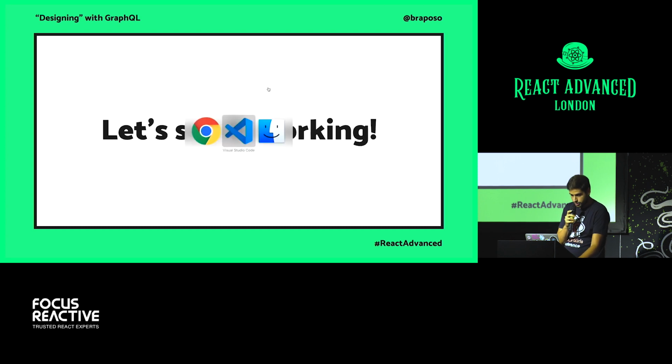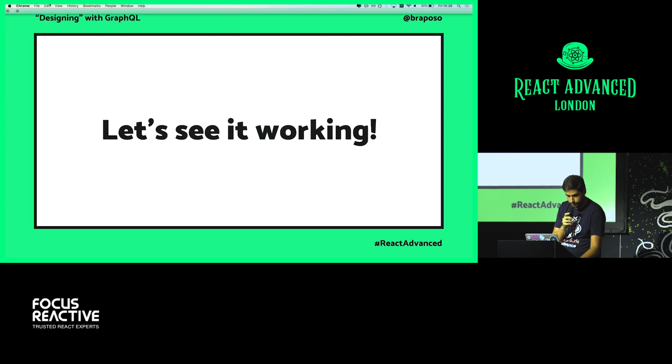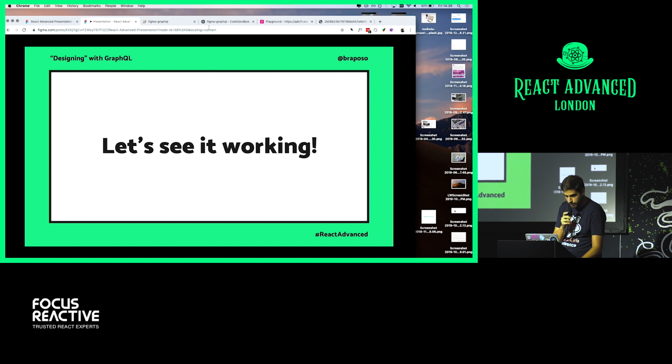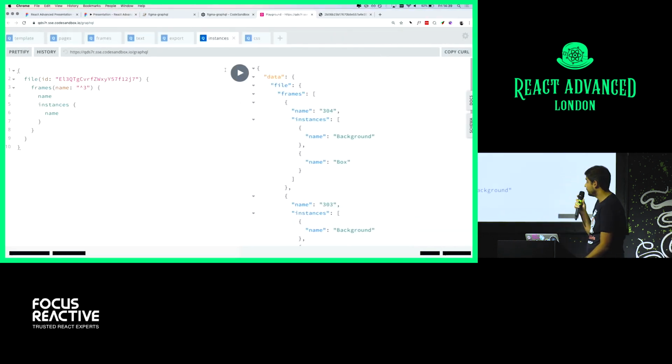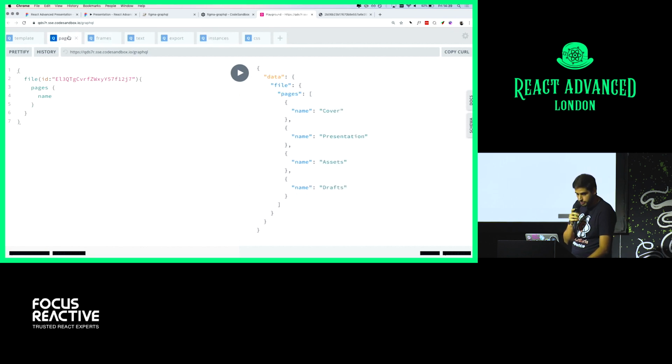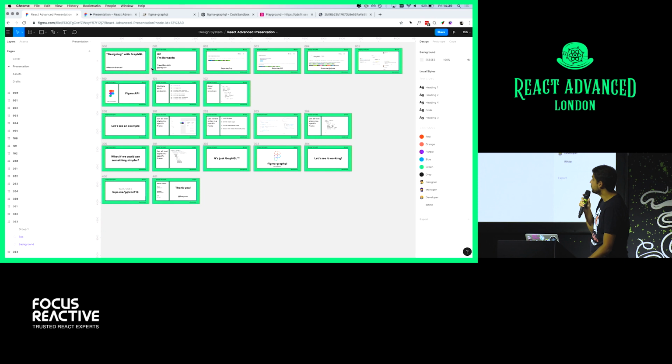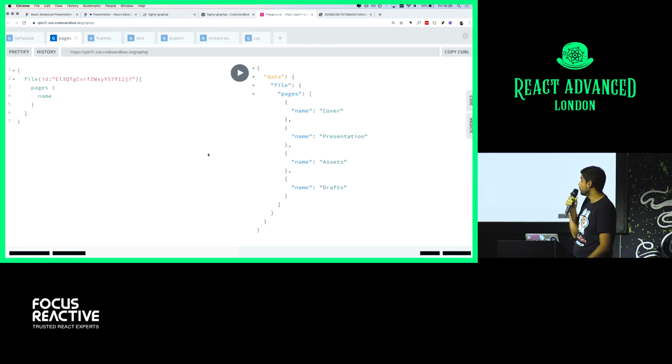We're actually going to see just a few examples. This is just a CodeSandbox playground. I'm not going to run anything here, but you can see that I'm just inspecting my file. This is my presentation file, and I'm going through all the stuff that I want to see. I can see all the pages in my file.